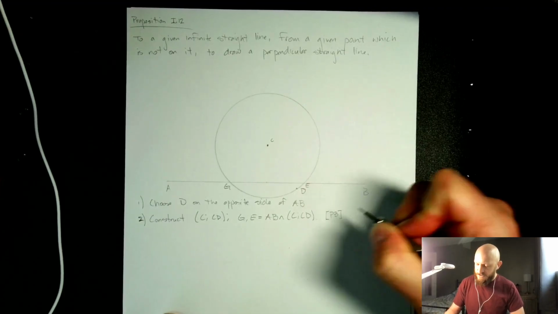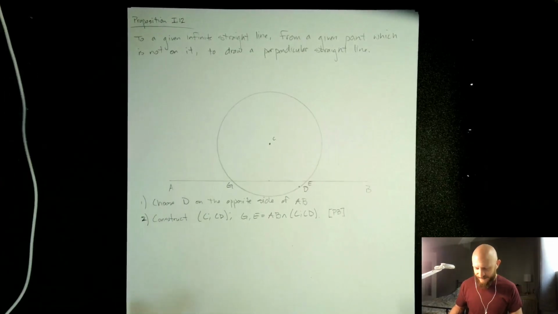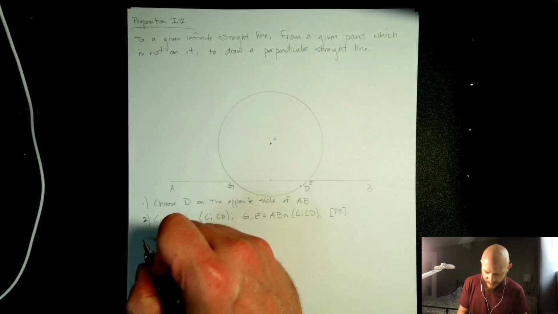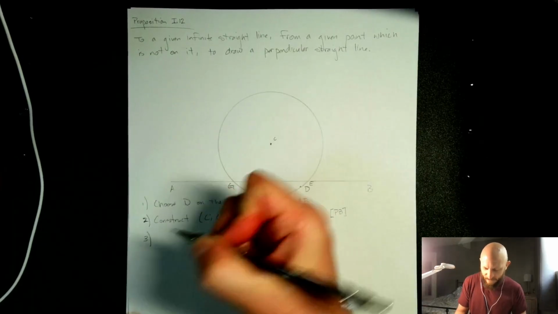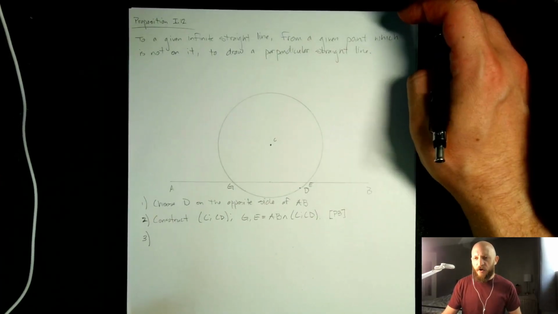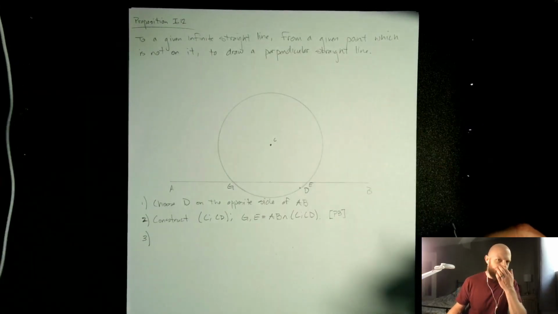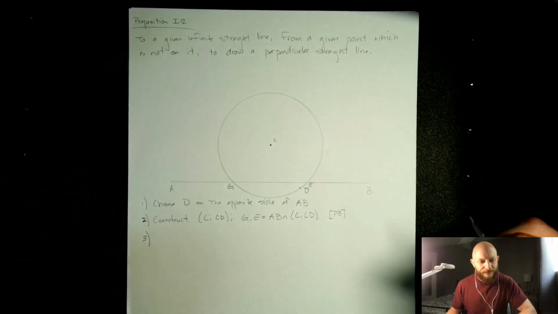Postulate 3 just says you can create a circle: if you have a center and a radius, then you can construct a circle. Very obvious, right? That's the point of the postulates. They should be so obvious that they don't require any justification. You should hear it and just go, yep, no crap.